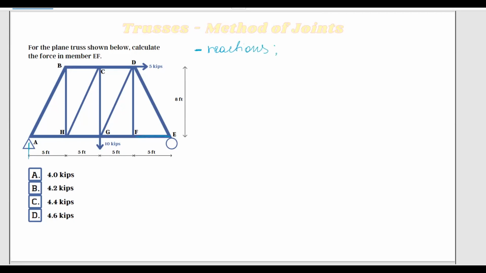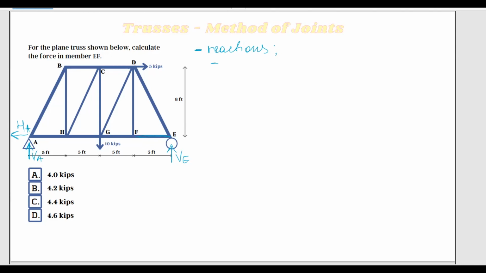I'm going to add here VA. This is VE. This is, let's point it the other way because we have this force pulling to the right, the AJ is going to pull on the left, HA.